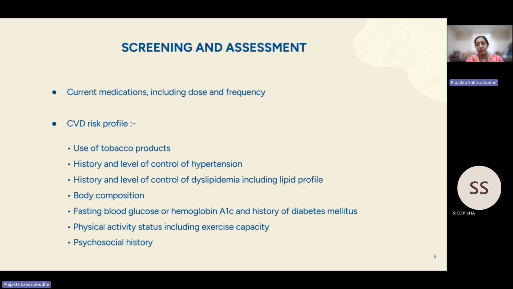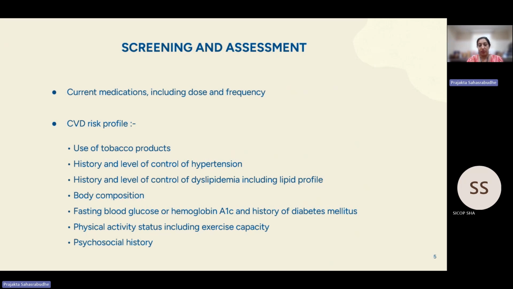Of course, as I already mentioned, this is a secondary prevention exercise. So there are a lot of lifestyle modifications which we have to make, and risk factor control is one of the important aspects of it. We will have to note down what the risk factors are, if the patient has any addictions, is using any tobacco products, and if the blood pressure is under control, especially if the patient has hypertension, diabetes or dyslipidemia.